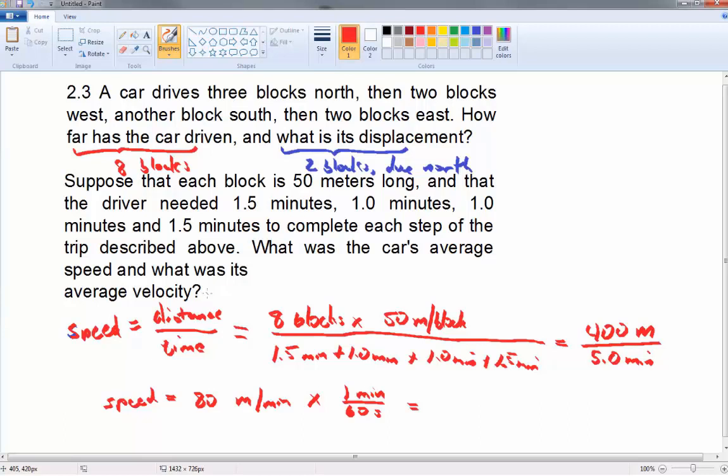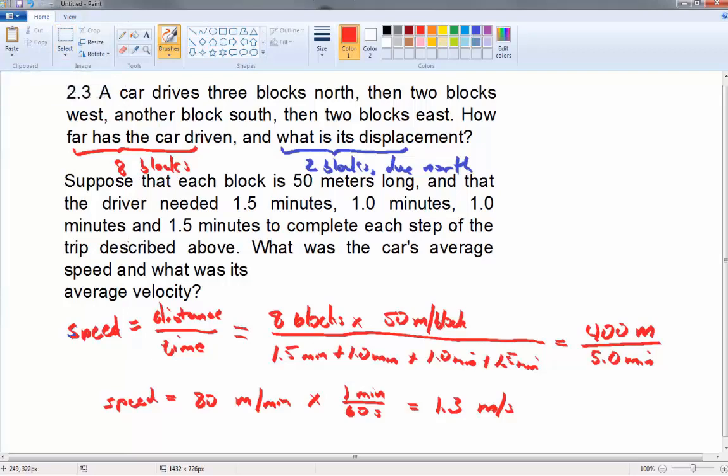So with two significant figures, assuming that somehow you know that this has 2, you'd put 1.3 meters per second. All right, so that is the average speed.